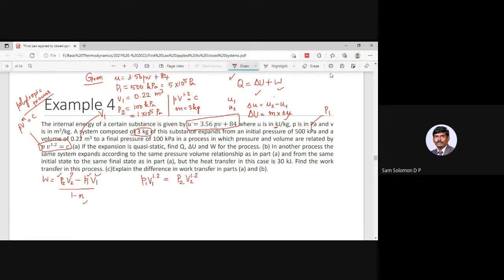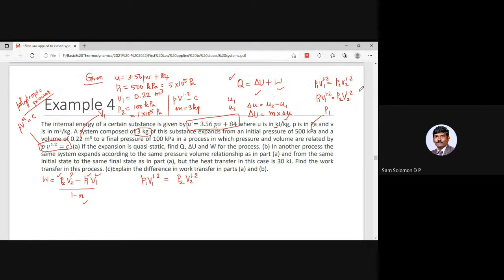So we have already discussed this. It is no harm in writing it with small v or capital V. The thing is, both sides it should be meter cube per kilogram, or both sides it should be meter cube. No harm in replacing small v with capital V, but it should be done on both sides.